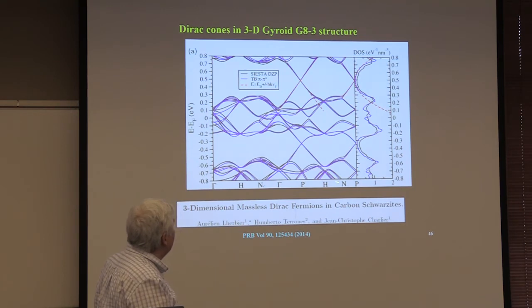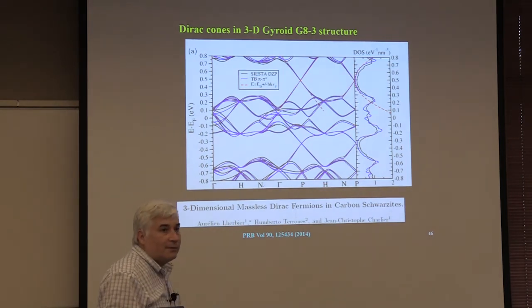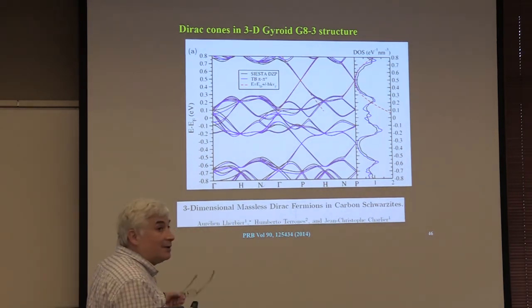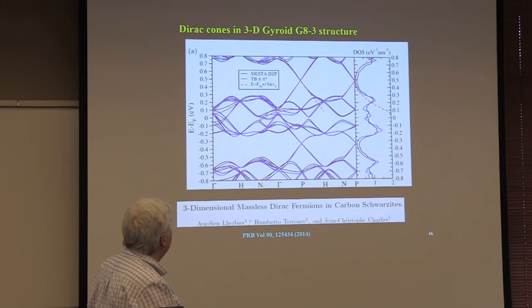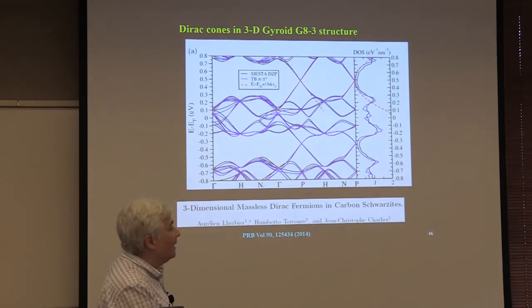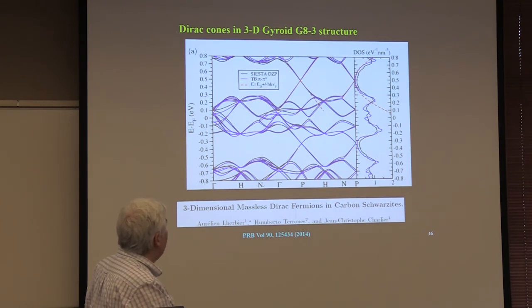So when the symmetry changes, the symmetry points in the Brillouin zone change. And now this is a three-dimensional structure. But these Dirac cones appear, this is a metal by the way, but do not appear at the Fermi level. They appear displaced.